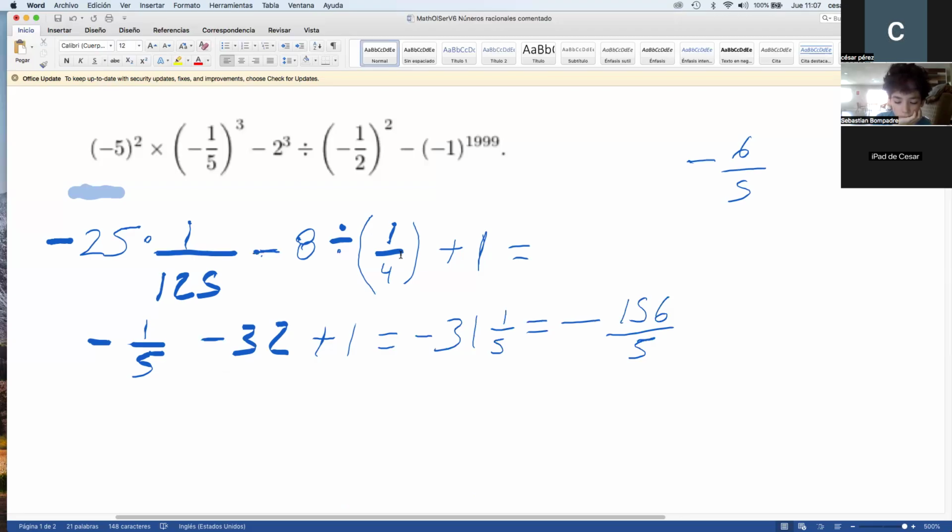You already find what is your, ¿ya encontraste en dónde cometiste el error? Sí. Okay. I, when it was 2 to the power of 3 divided by -1/2 squared, I multiplied both instead of dividing.